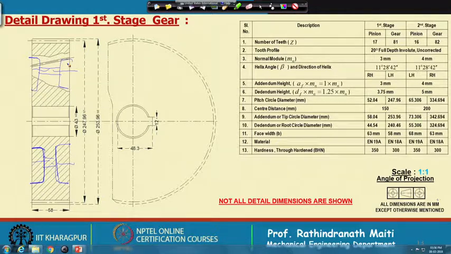This is a ring sort of thing, and there are holes, maybe 4 holes. That helps in mounting the gear while you are machining. Okay. And of course, the material will be less. Suppose you go for forging, rough forging can be done with that, and then machine finish can be done on that.